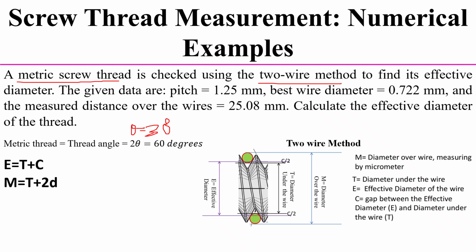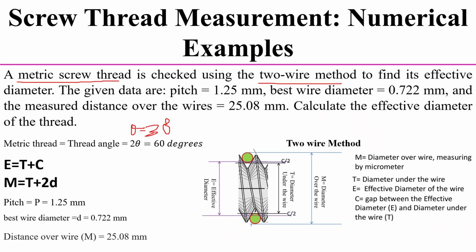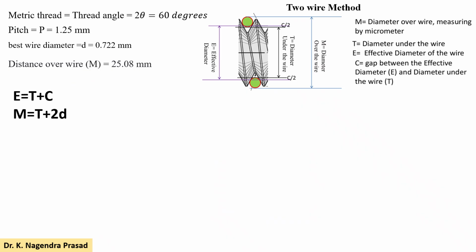Observe the given data: pitch P equals 1.25 mm, best wire diameter small d equals 0.722, and distance over the wire, capital M, equals 25.08 mm. Then we have to determine the effective diameter capital E.